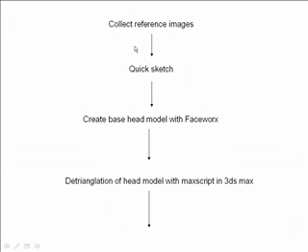So this is the more detailed step-by-step workflow. First of all, we will collect reference images. For example, in this example, we will focus on CSI Captain Jim Brass. We will collect his photos from the internet.